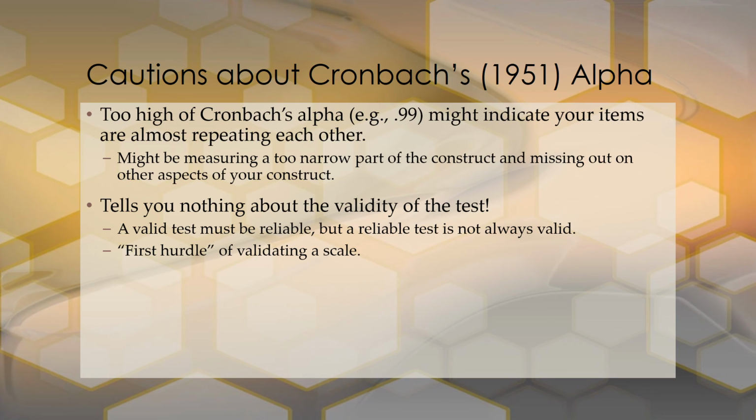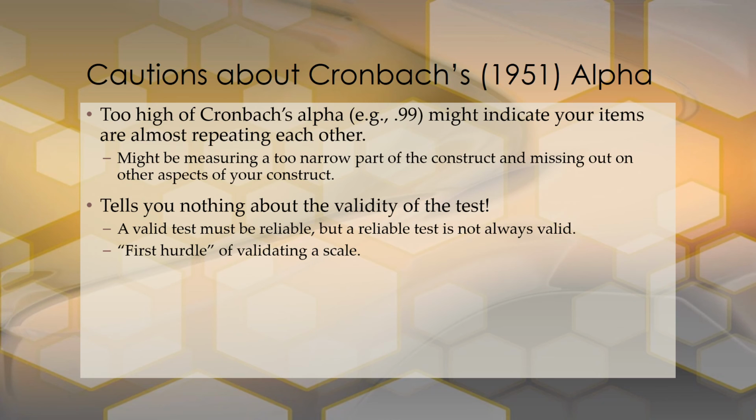Also, you could have too high of a Cronbach's alpha. If you have 0.99 as your Cronbach's alpha, it might indicate that your items are just repeating each other. Your inter-item correlations might just be super high. It relates to the last slide, where we talked about having 2 items that were so correlated with each other. Maybe all your items are almost repeating each other.